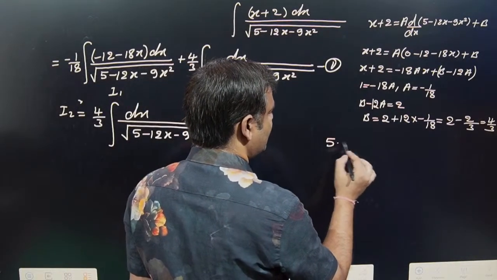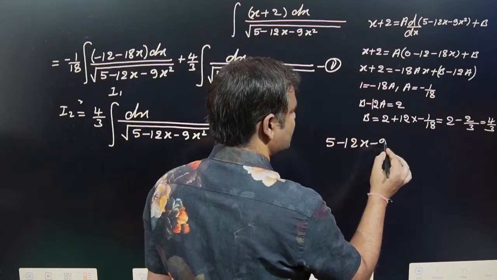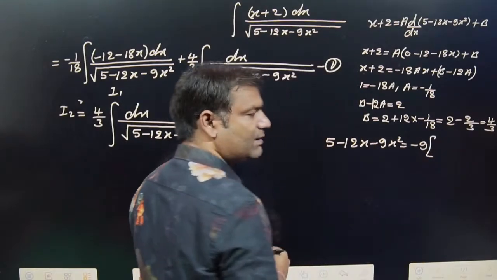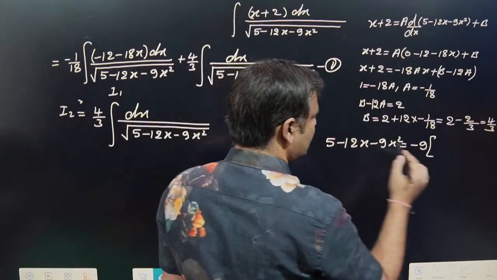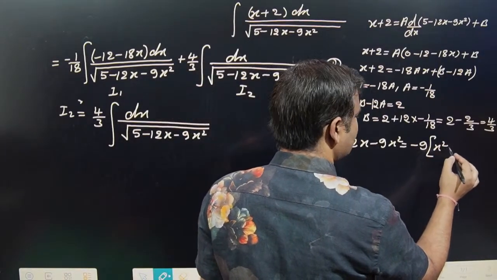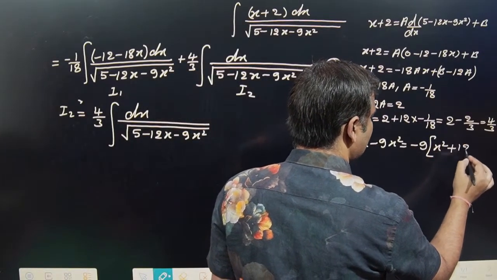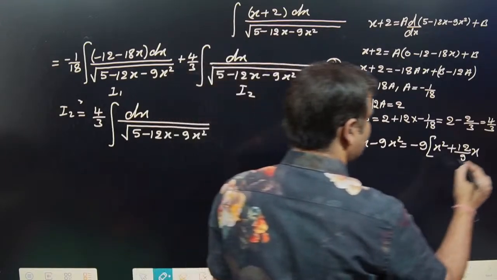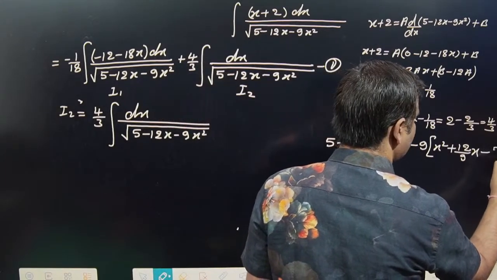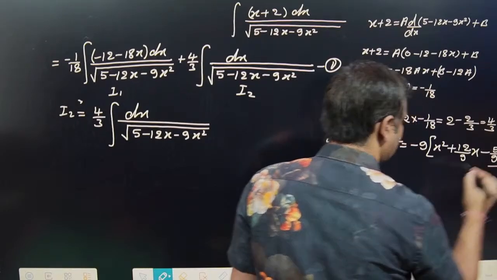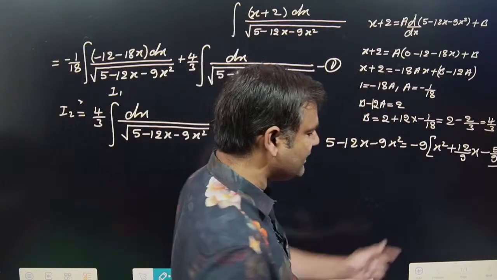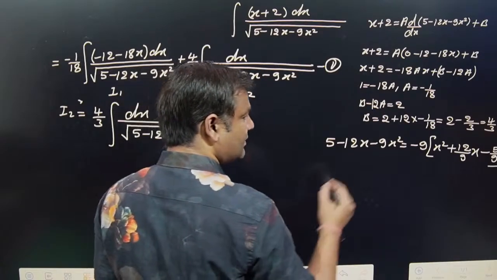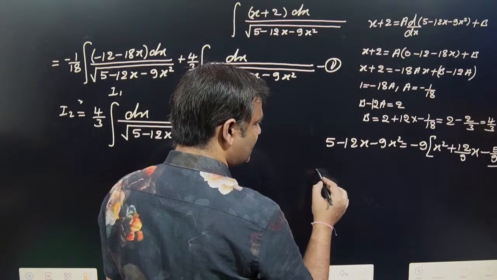First of all, in minus 12x minus 9x square, if minus 9 is common, then here x square plus 12 by 9 into x plus 5 by 9 minus 5 by 9. After that, how can we make a perfect square of that one?